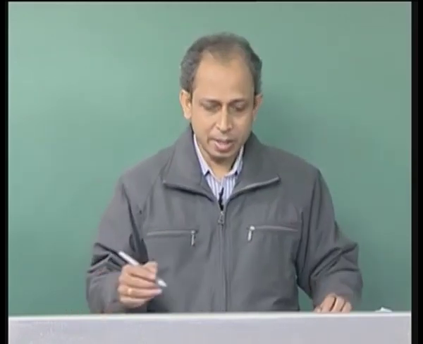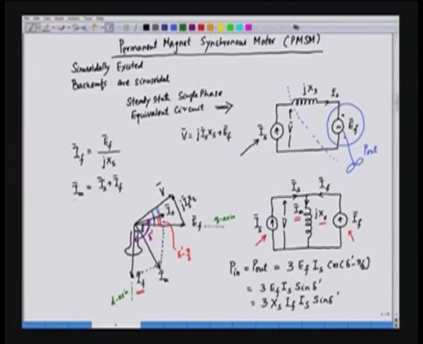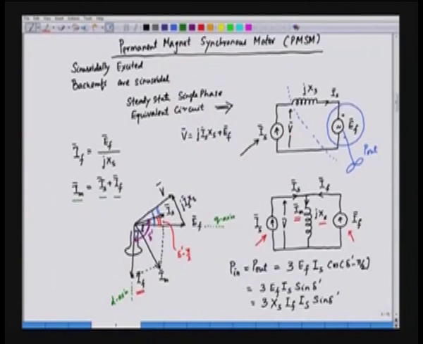So, Im, the magnetization current, is equal to the phasor sum of Is, the stator current, and If, the field current. This Im is responsible for the voltage in the armature. The voltage vector V is shifted from Im by pi by 2, so this angle is also pi by 2.